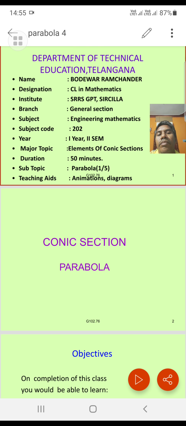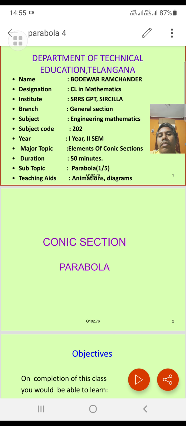Wherever the diagram is located, on the x-axis or on the y-axis, or in the first, second, third or fourth quadrant, and even if its vertex is other than the origin, whatever it may be, if it is a parabola, the condition is SP by PM equals 1, or SP equals PM.